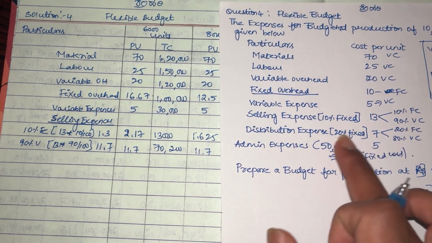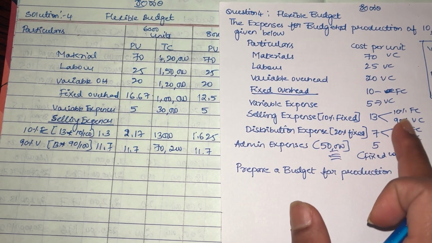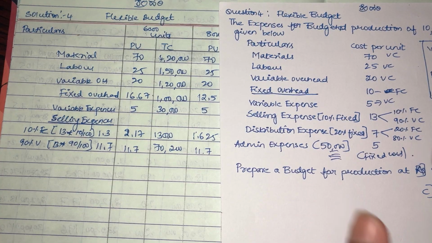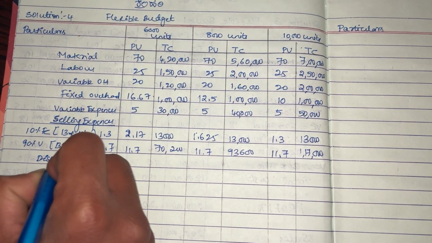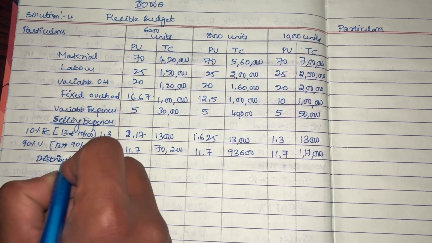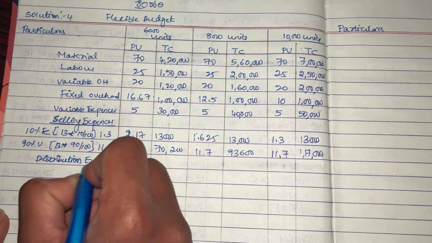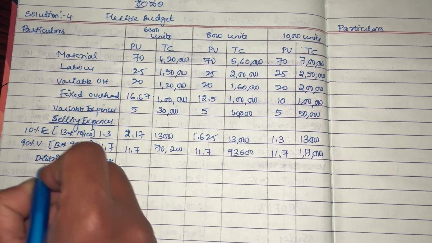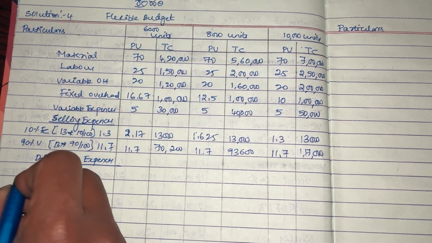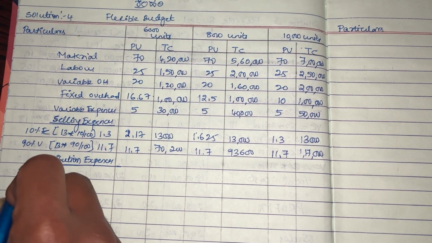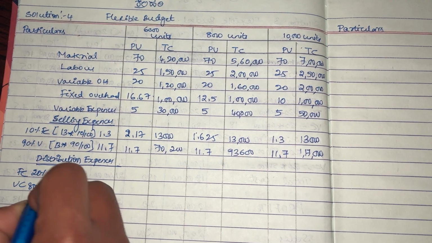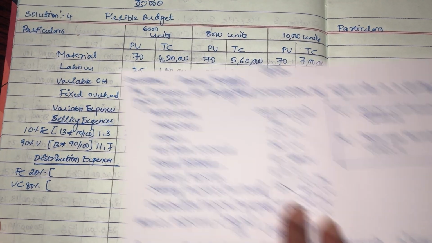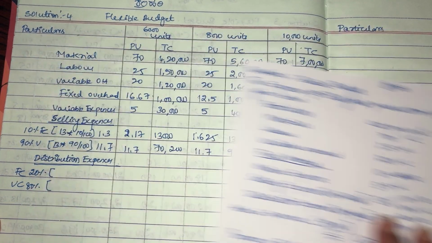Next, similarly, we have distribution expenses, which is 7 rupees. We have two segregations: fixed is 20%, variable is 80%. So we will do that. Distribution expenses: we have fixed cost and variable cost. So what is the total distribution expenses? 7 rupees.